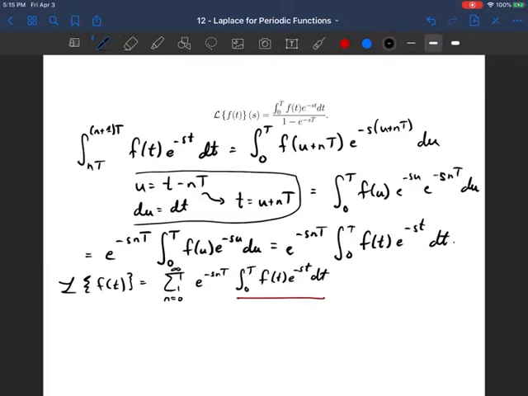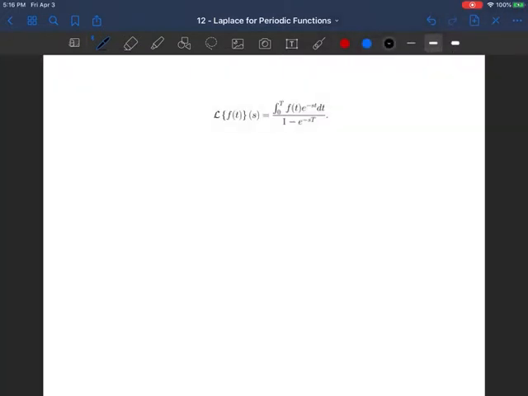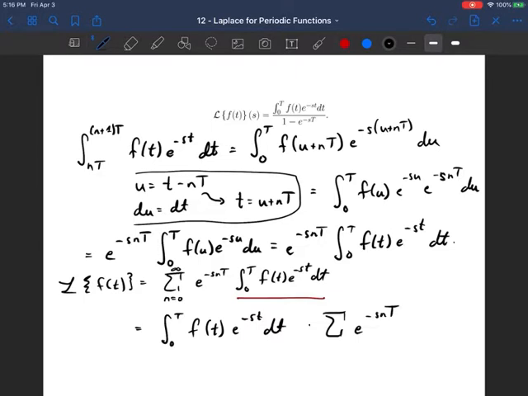Now this part has no n's in it, so it can be brought out of the summation, just factoring it out of every term. So this in turn becomes the integral from 0 to T of f of t e to the minus st dt times the sum of e to the minus s n t.